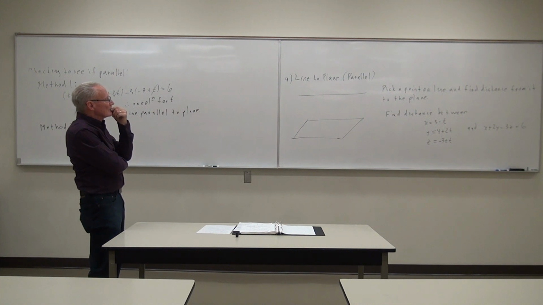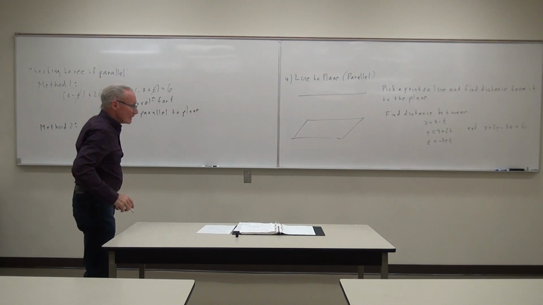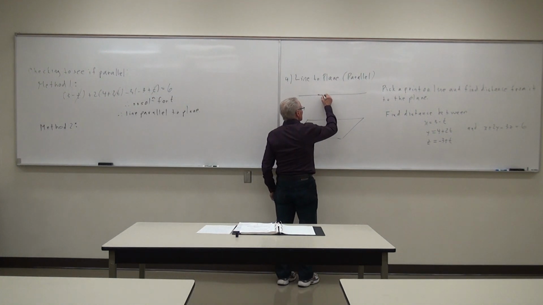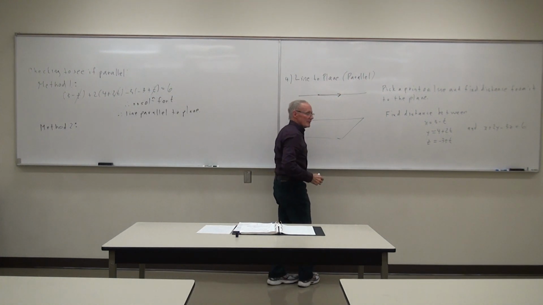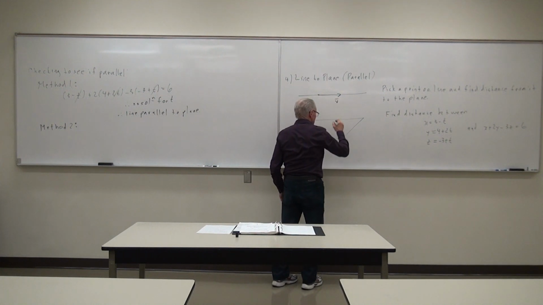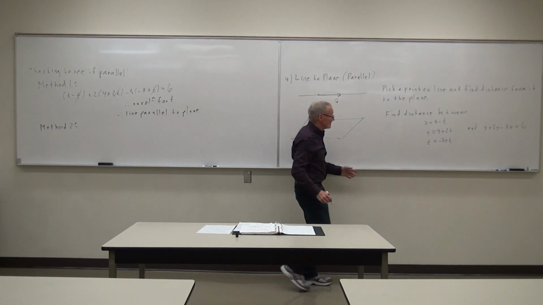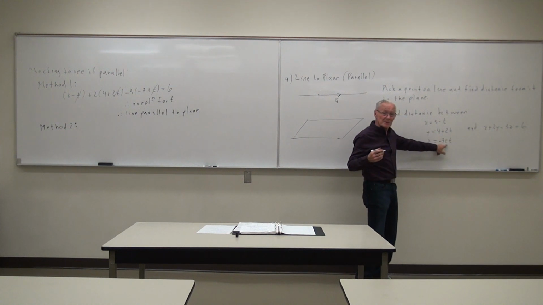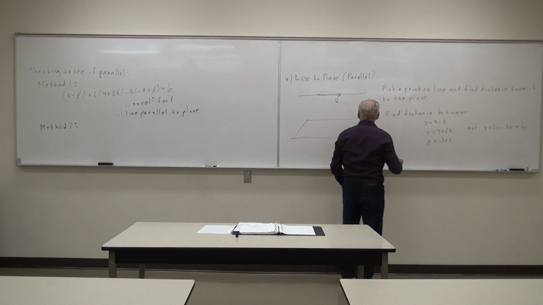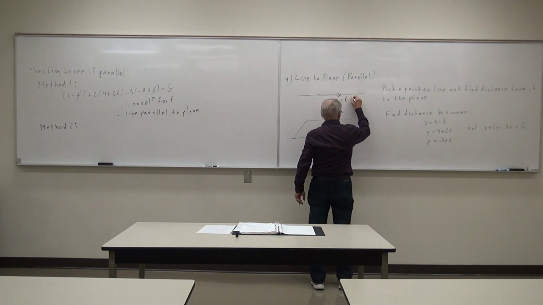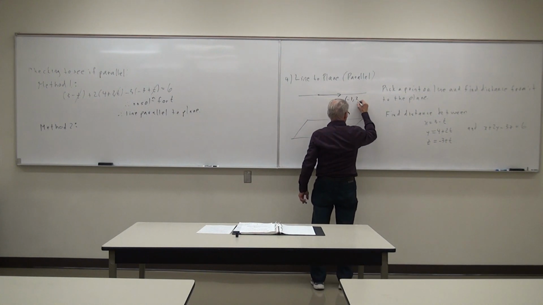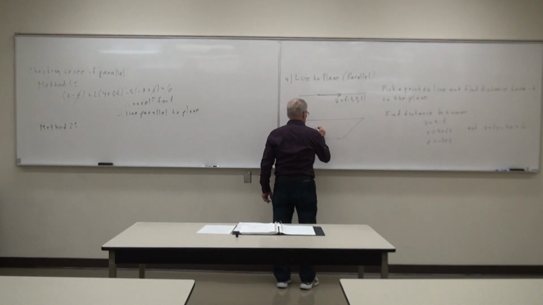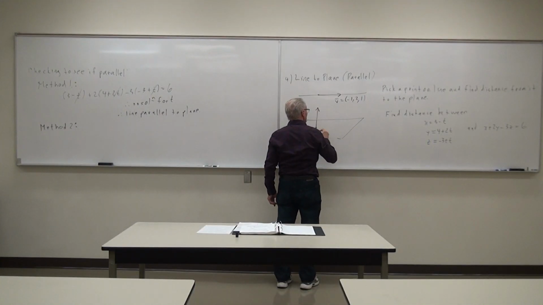Here's the idea. Could you find me a vector along this line? Call it v. The answer is yes. The numbers in front of the t constitute a vector along, or parallel to, the line. So such a vector is -1, 2, 1. Could you find me a vector perpendicular to the plane?